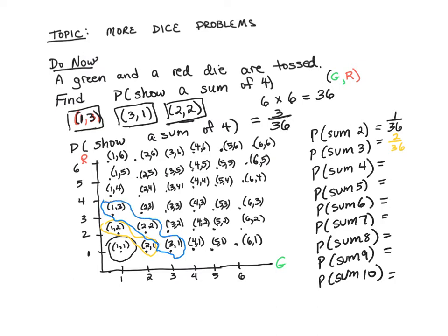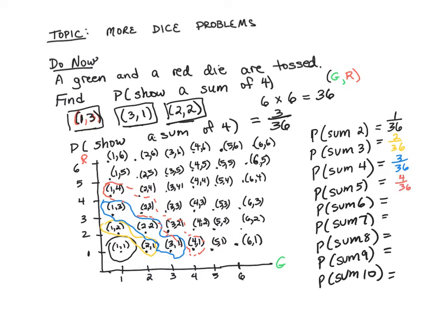And we have 3 out of 36. So I'd like you to take a minute and fill in the rest. So a sum of 5 is located on the next diagonal, which gives us 1, 2, 3, 4 outcomes. That's 4 out of 36.